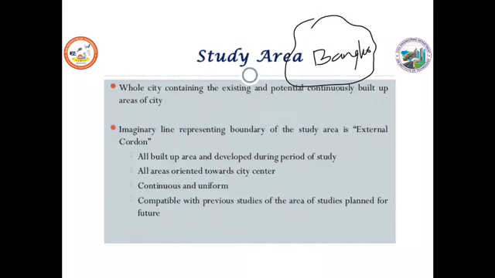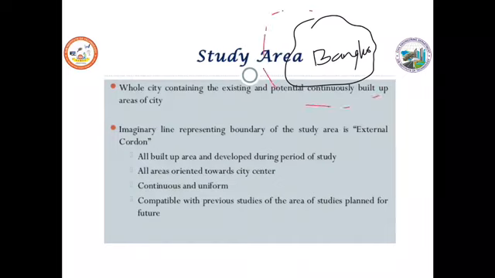Now the study area that we consider should consist of all the places which have already been developed and the areas which are likely to develop in the near future. For example, when planning the transportation network for Bangalore city, Bangalore is expanding every year.